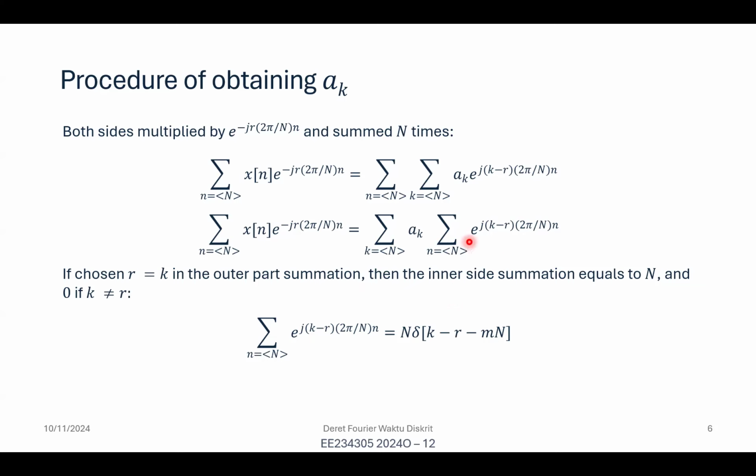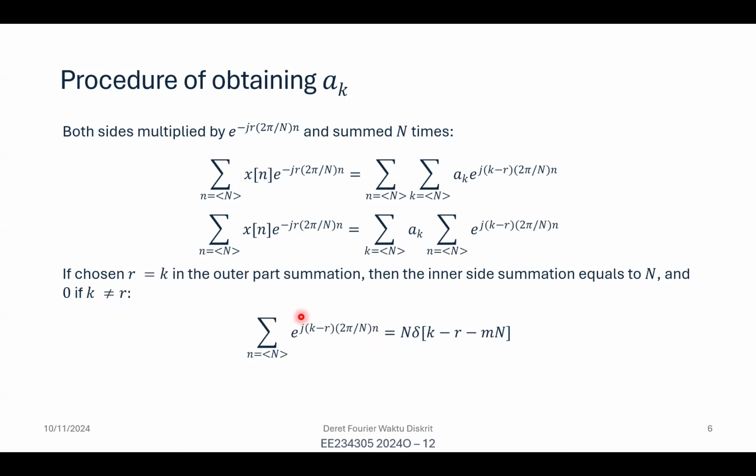So for the same reason, if k equals r here, this becomes N, but if it's not, then we will have e to the power of j something, which is multiplied by 2 pi over N times n, so this becomes 0 if k is not the same as r.